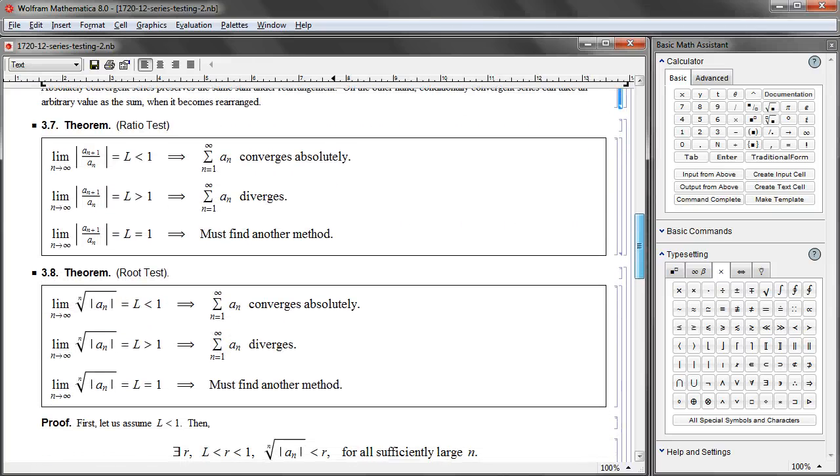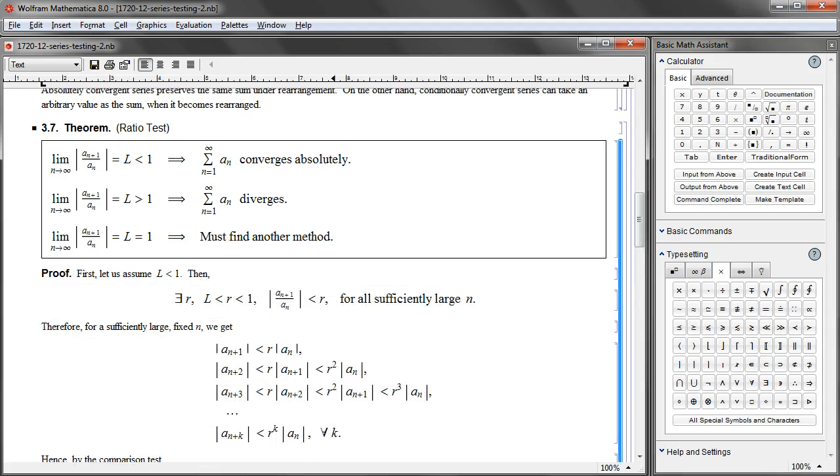Let's talk about the ratio test now. What if |a_{n+1}/a_n| is approaching L, which is less than 1? Then we can say this quantity is very, very close to L, and L is relatively far away from 1 because that's strictly less than 1.